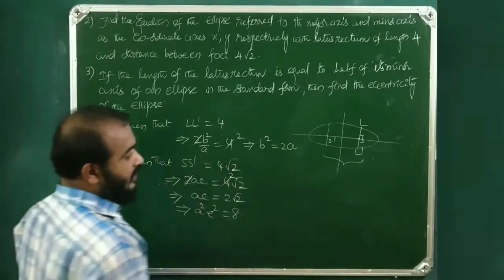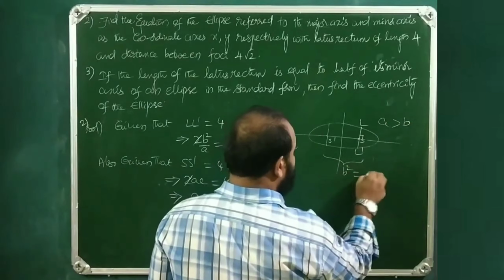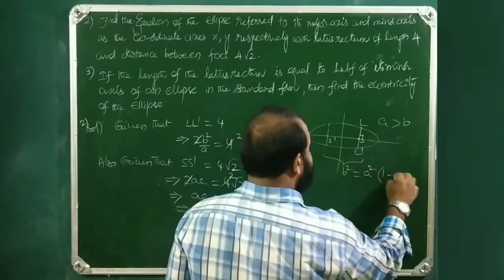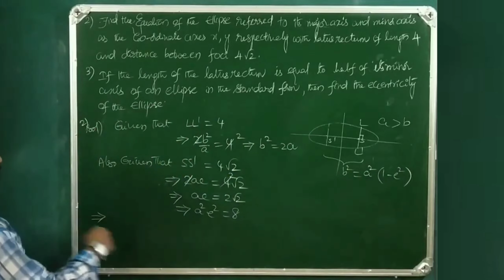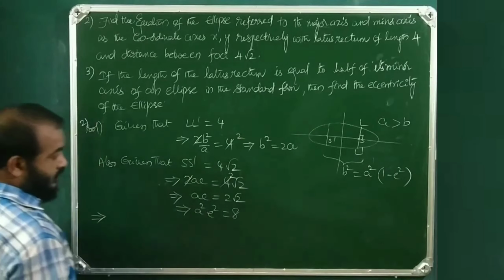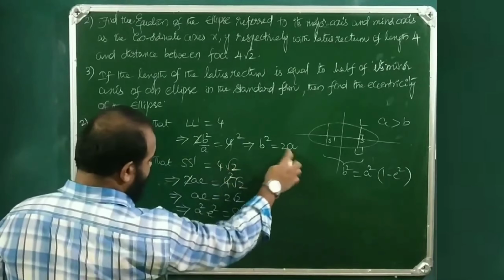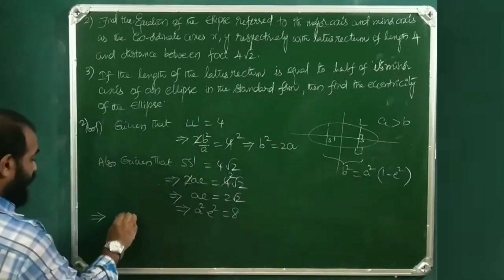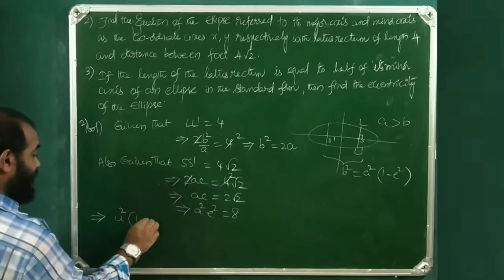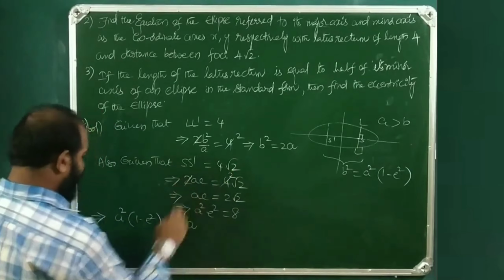We know that for a greater than b, b square is equal to a square into 1 minus e square. Here b square equals 2a, so b square can be replaced with a square into 1 minus e square, which equals 2a.